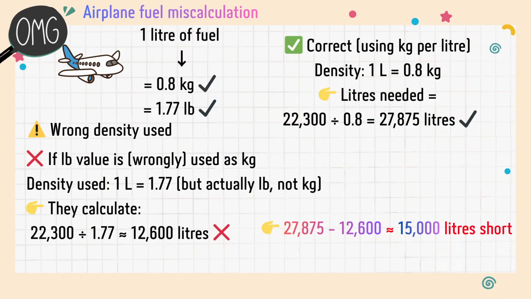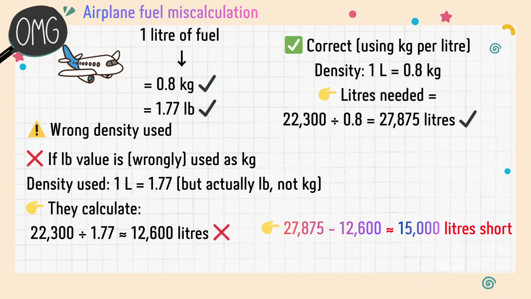22,300 kg divided by 0.8 kg, that is 27,875 liters. But instead they used 1 liter is 1.77 without noticing it was in pounds, not kilograms.